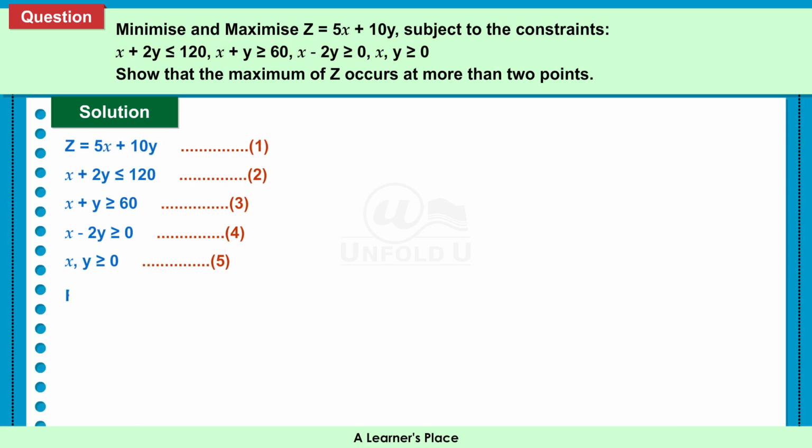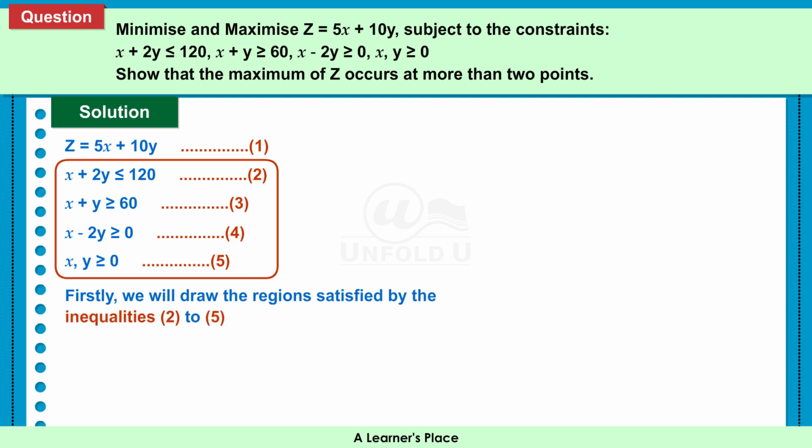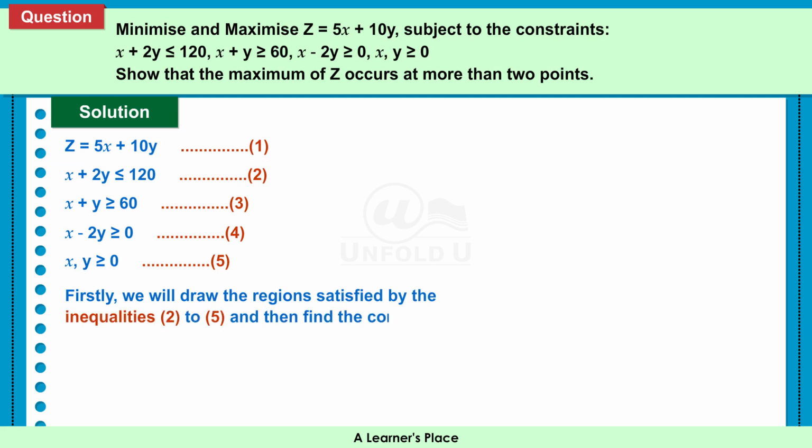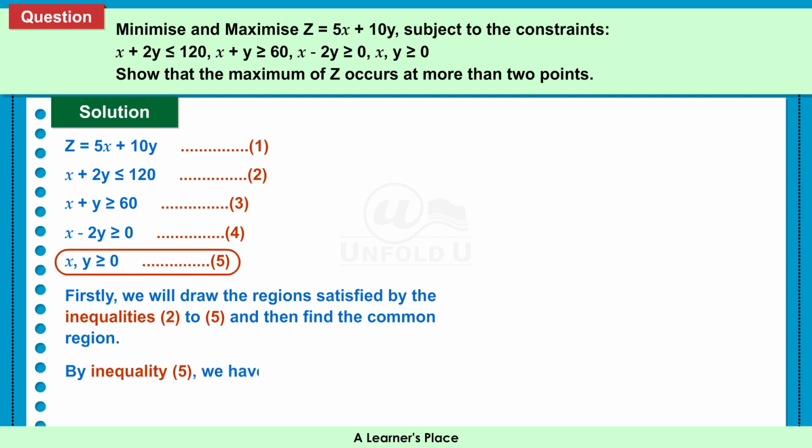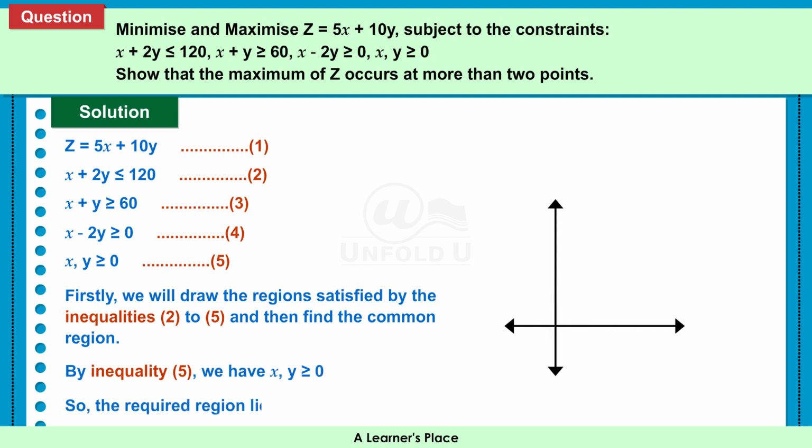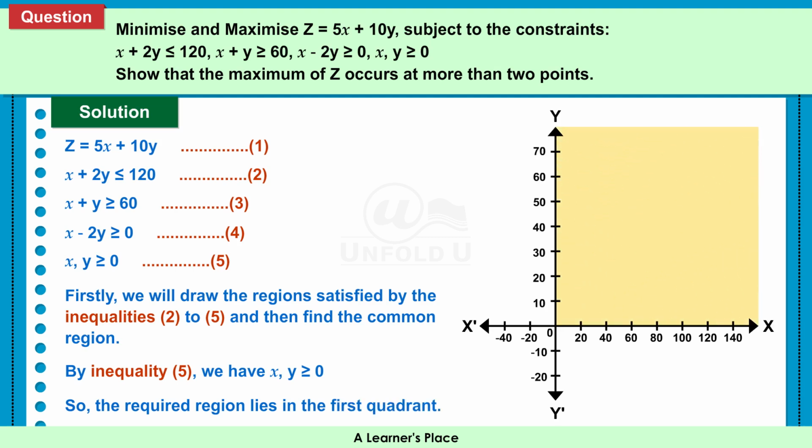For this, firstly, we will draw the regions satisfied by the inequalities 2 to 5 and then find the common region. By inequality 5, we have x and y both are greater than or equal to 0. So, the required region lies in the first quadrant.